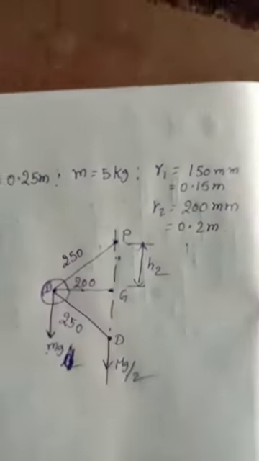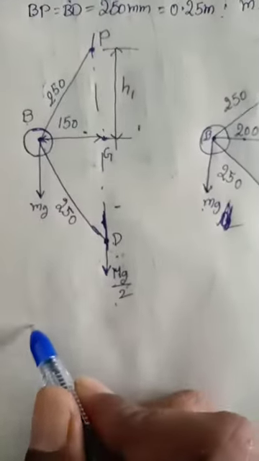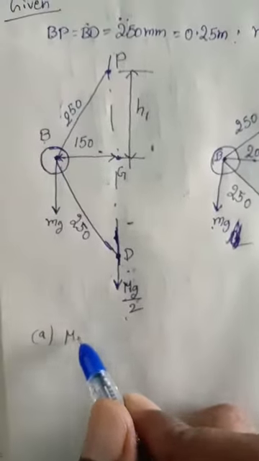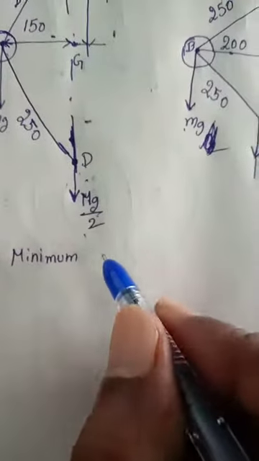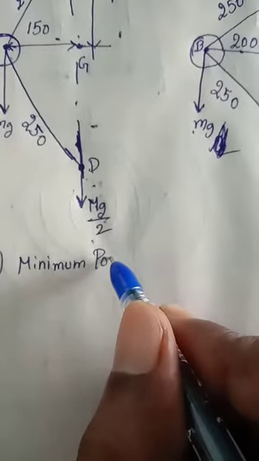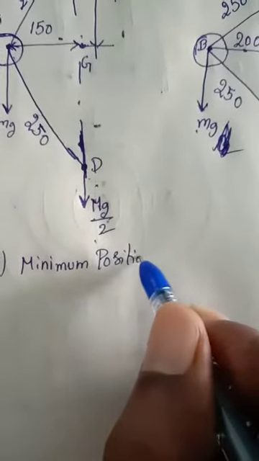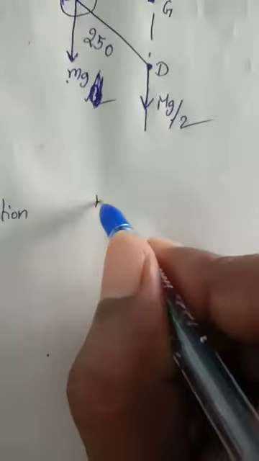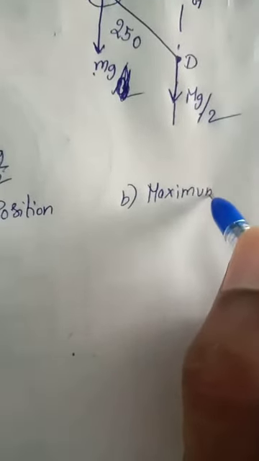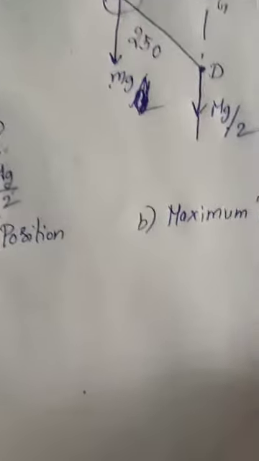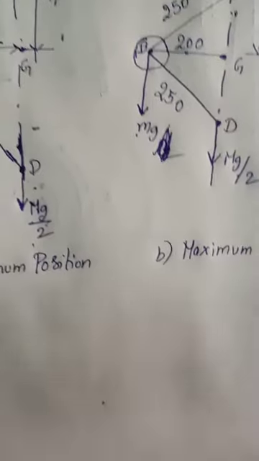Right. So this diagram is called the minimum position, and this we can write as the maximum position. The minimum and maximum positions of the governor are shown in figures A and B.